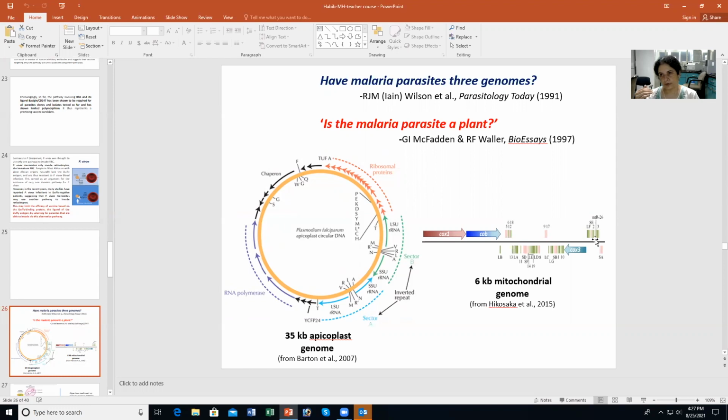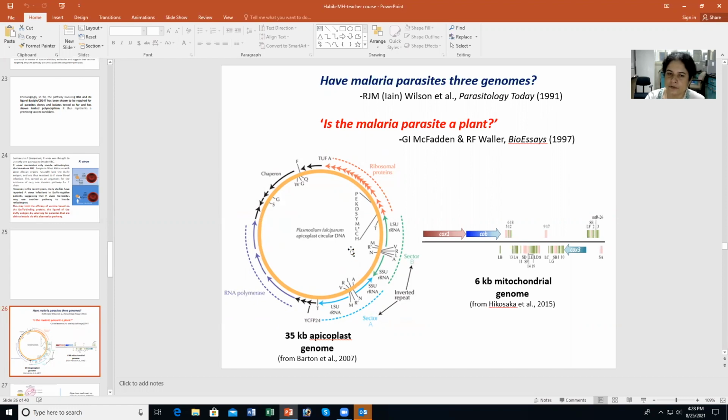They initially thought that this was probably the mitochondrial genome. But when they purified the DNA and actually sequenced it, they found that it was a circular, closed, double-stranded DNA molecule, which I show over here on the left. When it was sequenced, it was understood that this genome is not like mitochondrial genomes, but is very similar to plant plastid or chloroplast genomes.